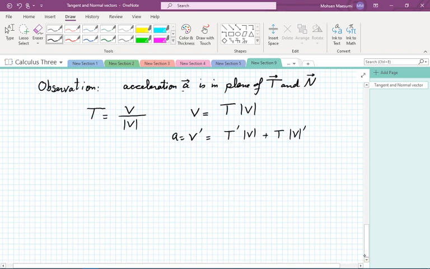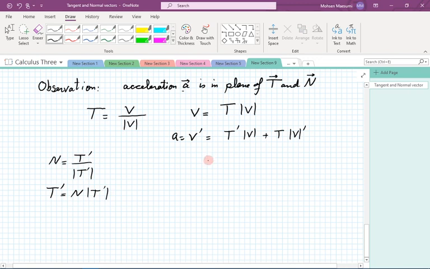Okay, T prime, where did that one show up? Remember we said N was T prime over the absolute value of T prime. That was the definition of our principal unit normal vector. So I can say that the T prime that I want is the same as the normal vector times the absolute value of the derivative of the tangent vector.